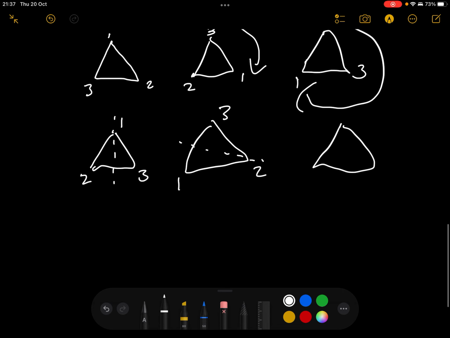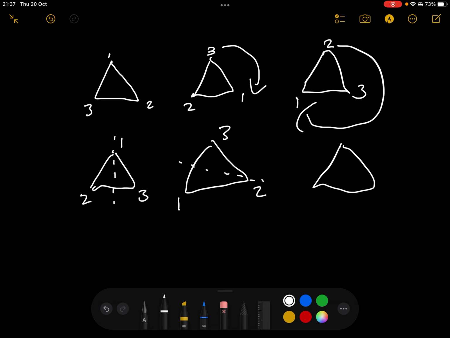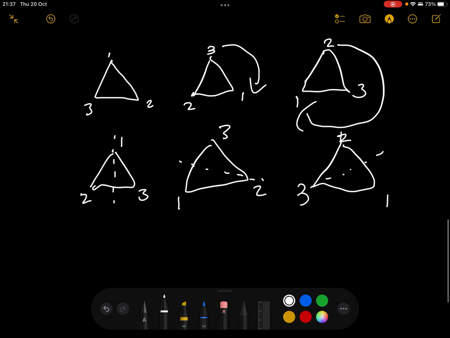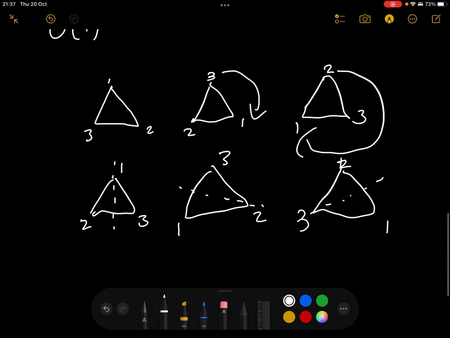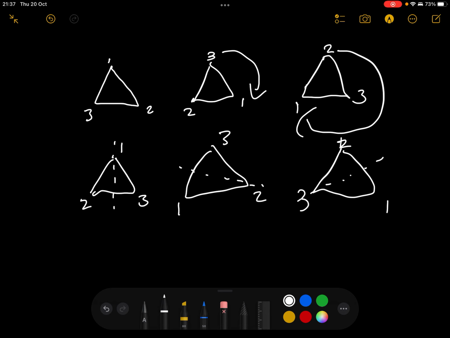Finally, we'll do it like this, and this would be 2, 1, 3, like this. And you'll notice all of these are different. Now you might ask, are there any more symmetries of this equilateral triangle? That means, is there any more ways we can jump around these numbers?